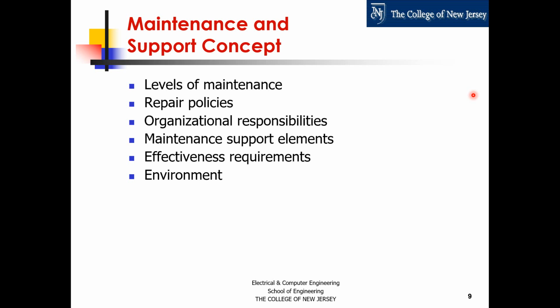So there are ways of calculating that. There is also software to simulate things like that. So those are examples of effectiveness requirements, which again tells you what type of environment you need to have in this maintenance and support concept.